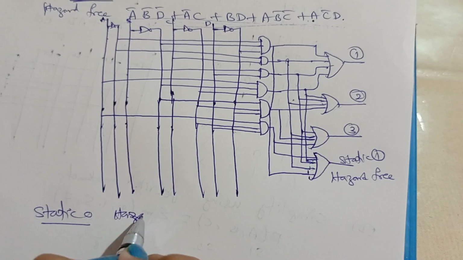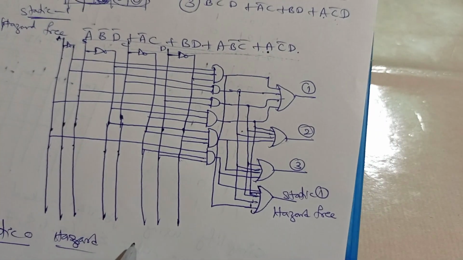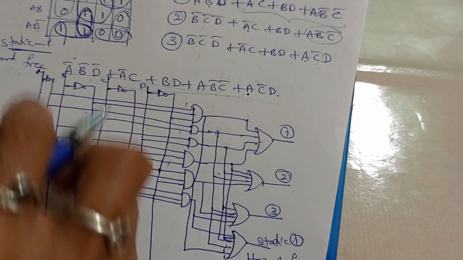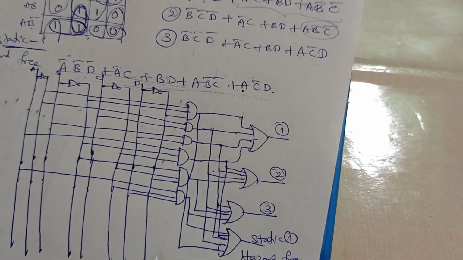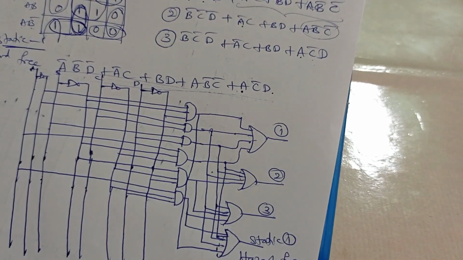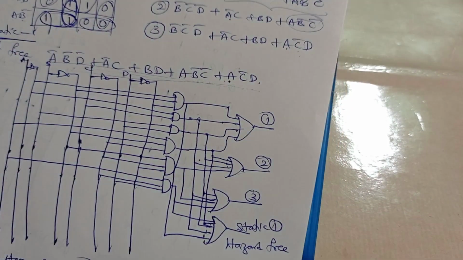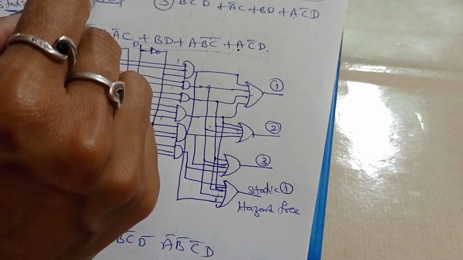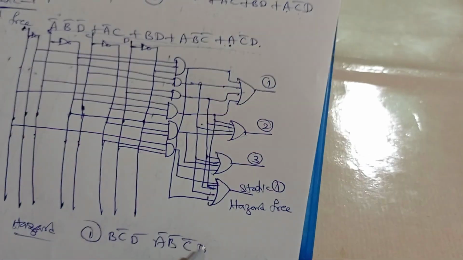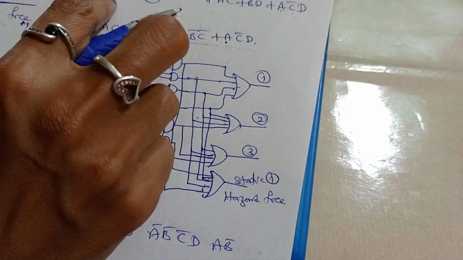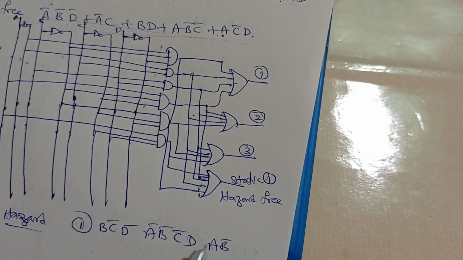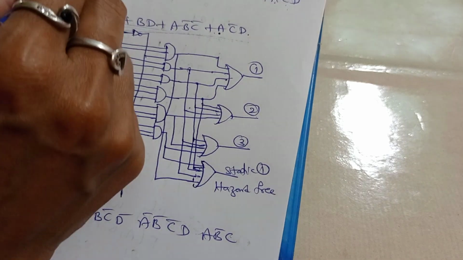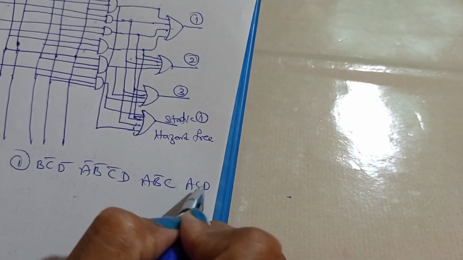For this, the expression becomes B is constant. Here C bar D bar. Same as A bar B bar C bar D. And next here from this A B bar, and from this C is constant. Next from this A constant C D bar. A C D bar.